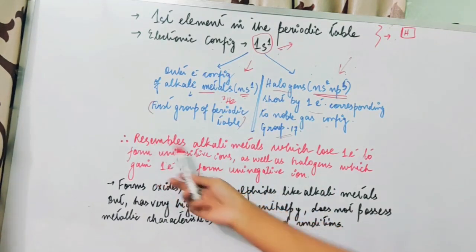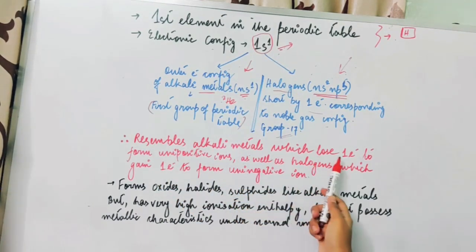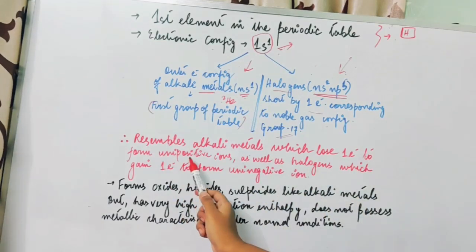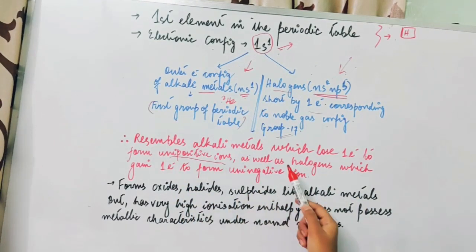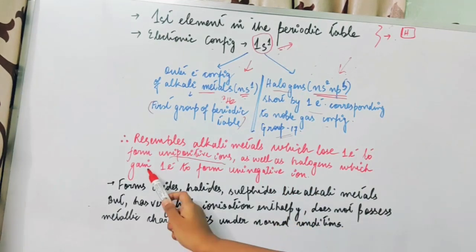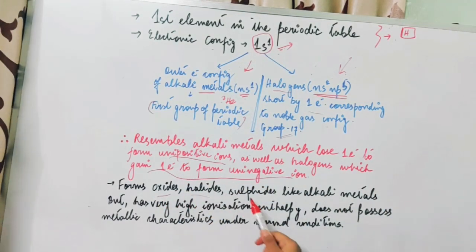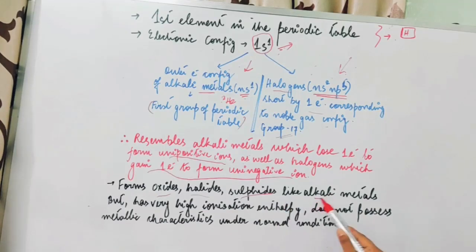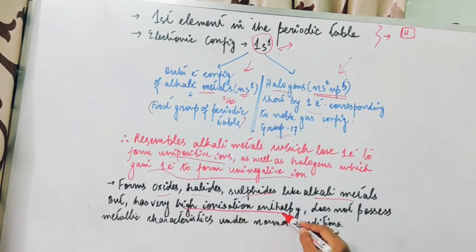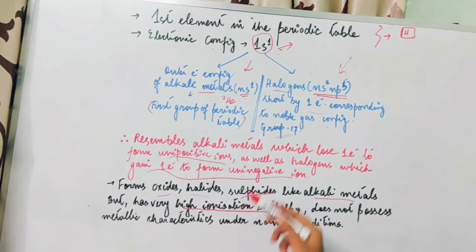Therefore, hydrogen resembles alkali metals which lose one electron to form uni-positive ions, as well as halogens which gain one electron to form uni-negative ions. Hydrogen forms oxides, halides, sulfides like alkali metals, but has very high ionization enthalpy, which is unlike the alkali metals.